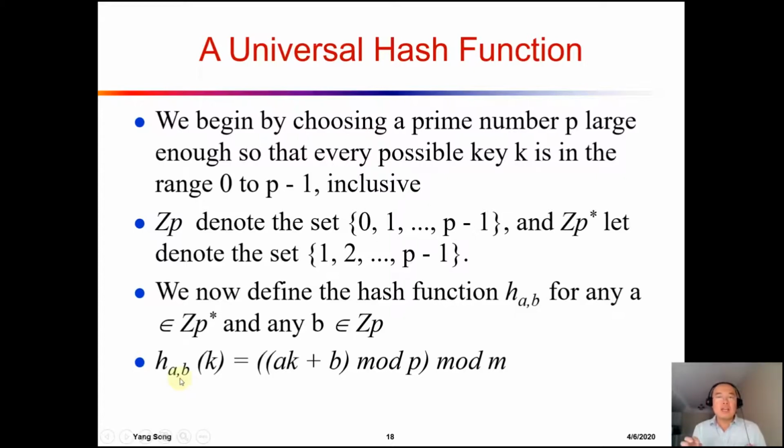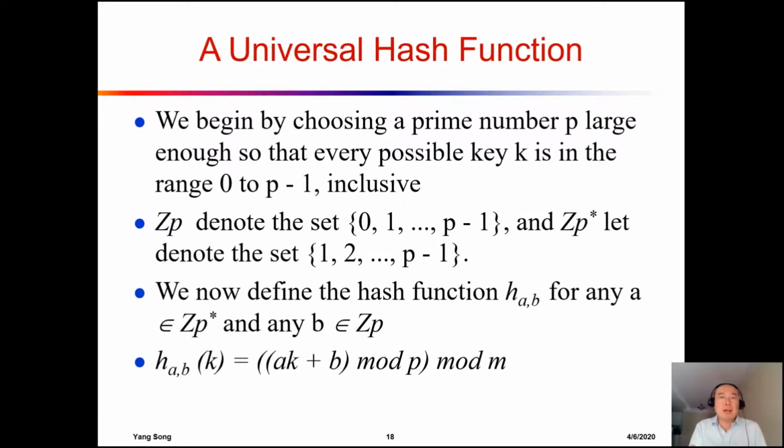Given a belongs to Z_p star and b belongs to Z_p, you can pick any number you want as a and b. Given a combination of a and b, we can define h_ab like this: (ak + b) mod p and then mod m. This is guaranteed to return an integer value between 0 and m minus 1. And depending on the different picks of a and b, we will have different hash functions.